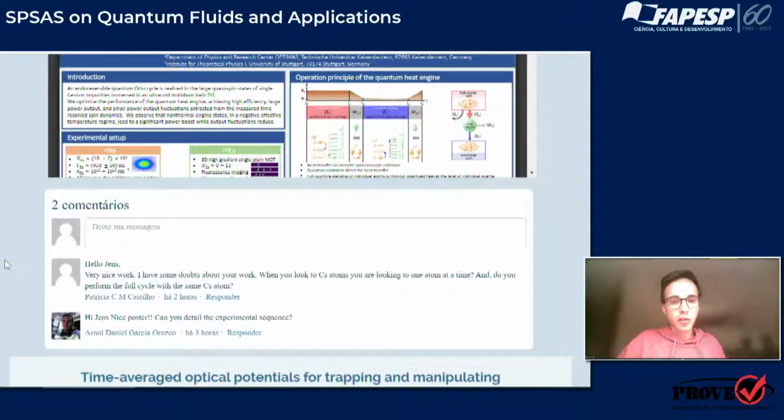And in the end, we state-selectively image all the cesium atoms by fluorescence imaging, and this is also on the poster. There you can see on the left pictures of single cesium atoms after the interaction with rubidium, and you can see there are, I think, 7 atoms left in the end, which are in some state.